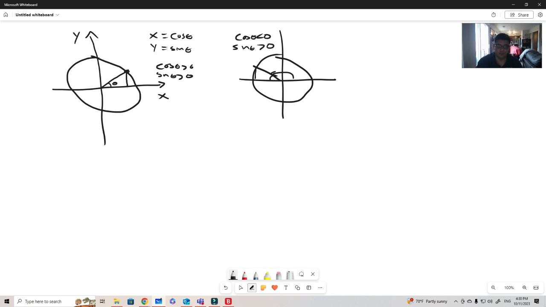And so, of course, at this point, you can guess it. In the third quadrant, the cosine is still negative, but the sine is negative too. This is quadrant 3, quadrant 2, quadrant 1, and quadrant 4. Here in quadrant 4, cosine is positive because we are on the positive numbers in x, and sine is negative because we are on the y negatives.